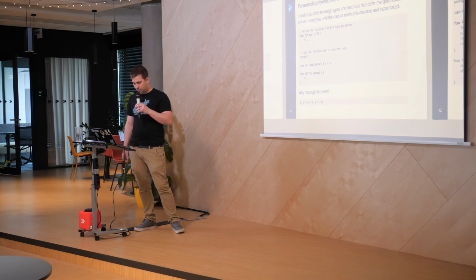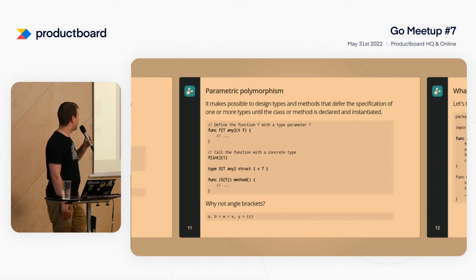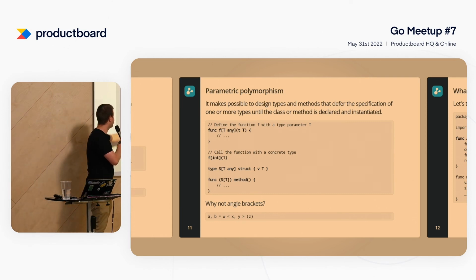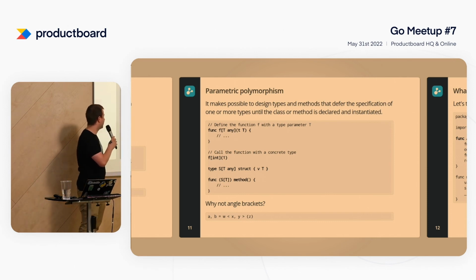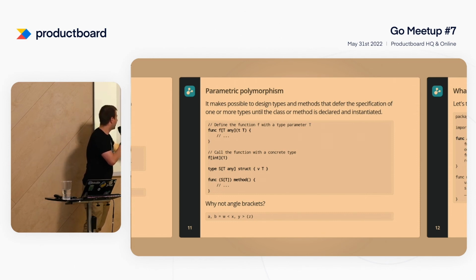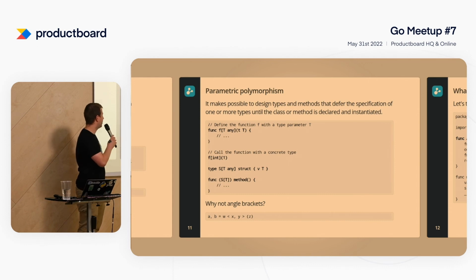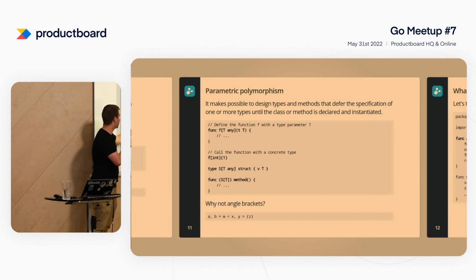Later, when the function is called, we don't have to, but we can specify the type before the call of the function. The same thing applies to a struct or any other type: we define in square brackets the type, which can be in this example anything.